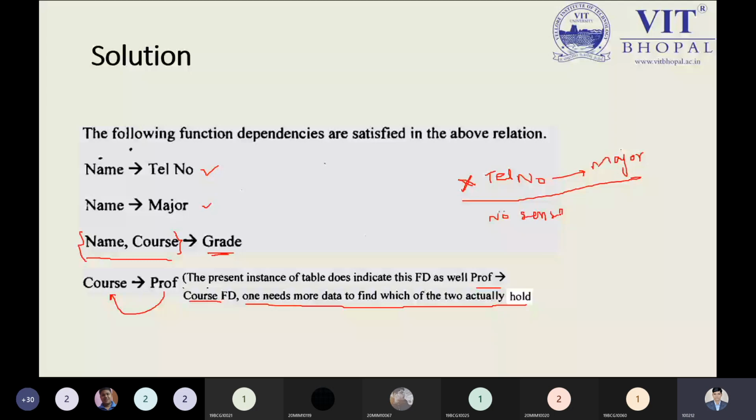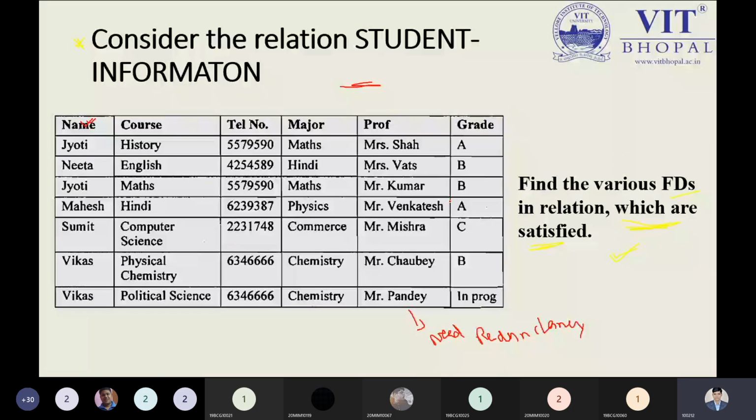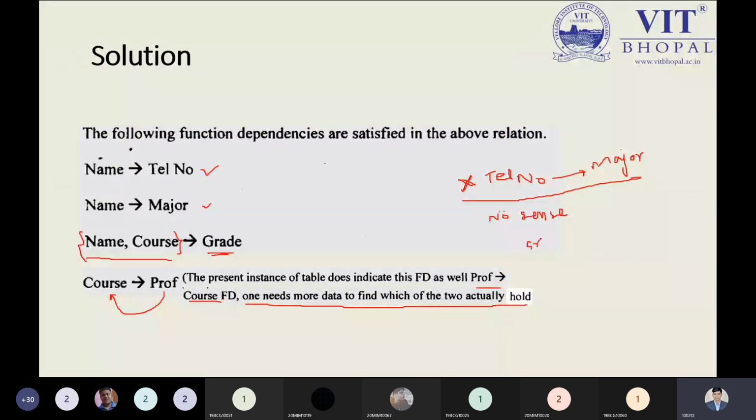And if we talk about the other part, like telephone number and grade, I can write it like this: grade determines telephone. So if a student is trying to write this, he or she has to understand whether it is feasible or not. It's not possible. Again, not feasible.